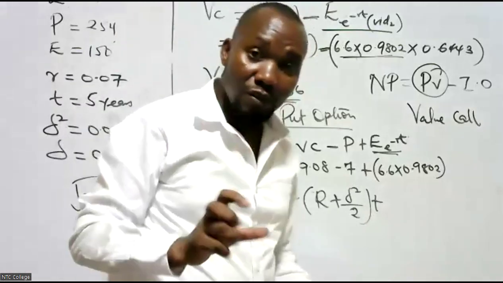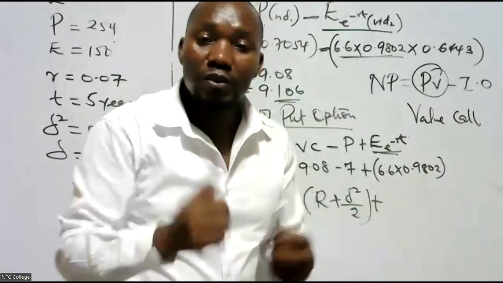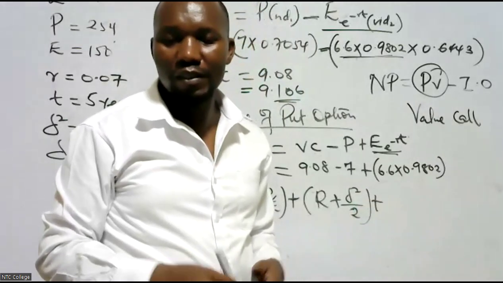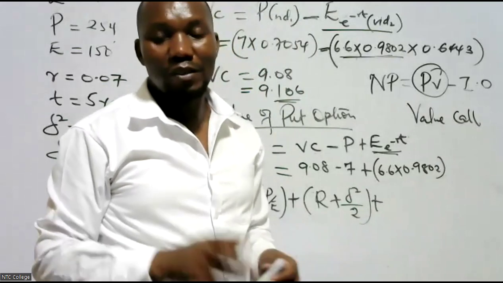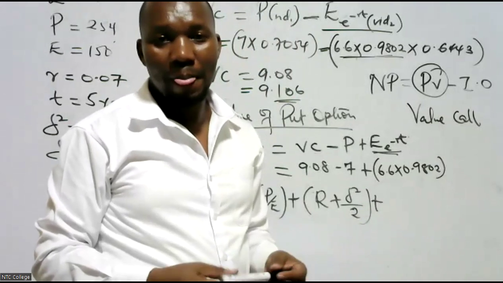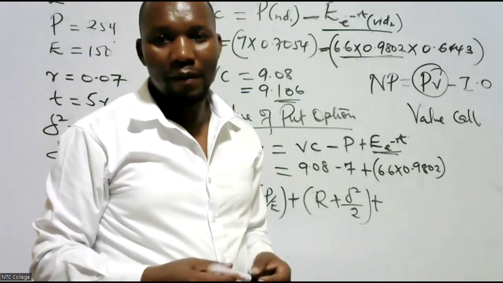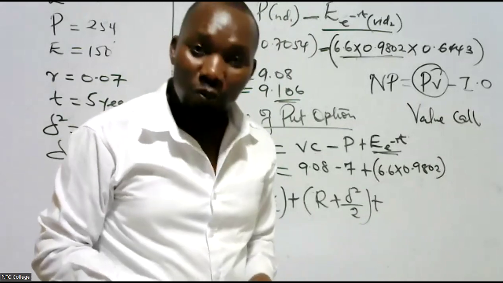And being that this person wanted to abandon, which kind of option is it? Abandonment. Check what I gave you. Yesterday we said that to abandon is which kind of option? Put option.